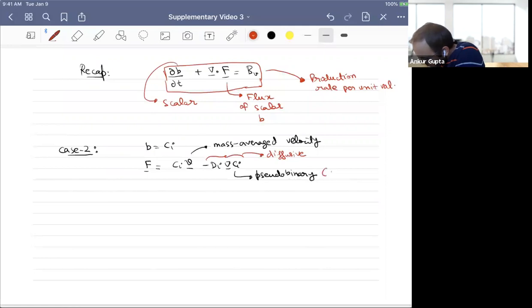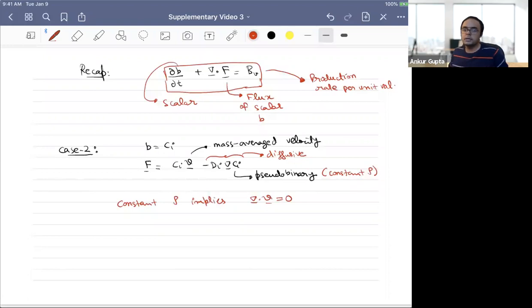And also just recall that constant rho is implicit within the pseudo binary assumption that we have assumed a constant rho. Okay. And this constant rho implies that the continuity equation enforces that del dot V is 0. Okay.